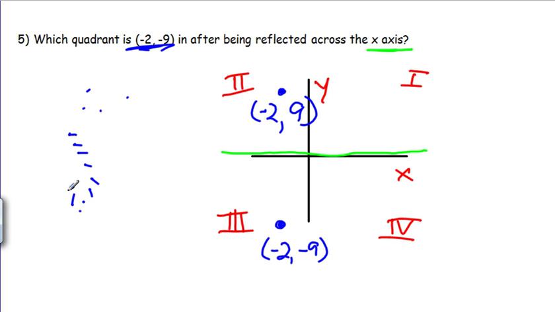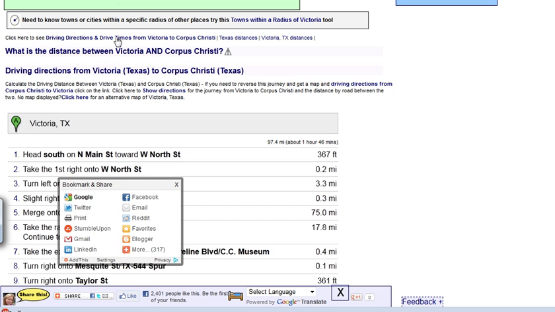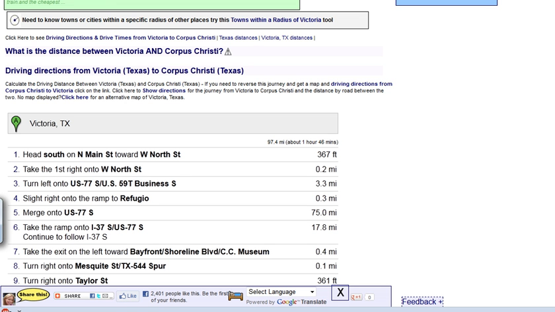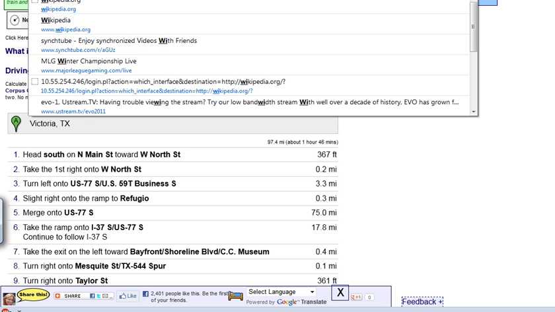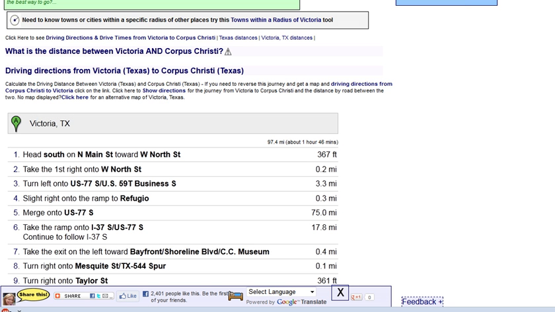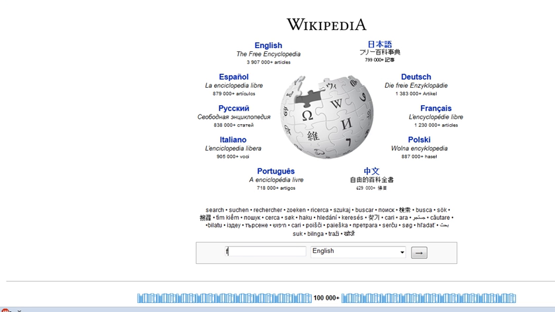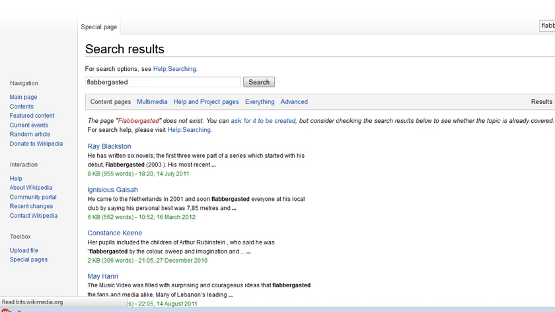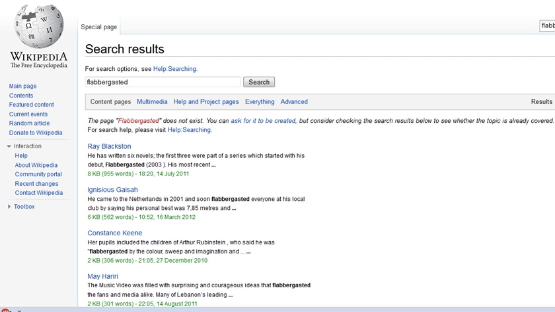It leaves me, you know what it leaves me? Flabbergasted. Alright, let's look up flabbergasted on Wikipedia, because who doesn't want to know what that means? Wikipedia.org. Flabbergasted. The page flabbergasted does not exist. What? How sad is that? What is the real word? Obviously, I made the word up. No, you didn't.